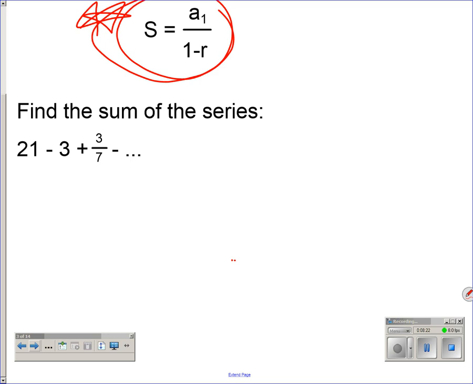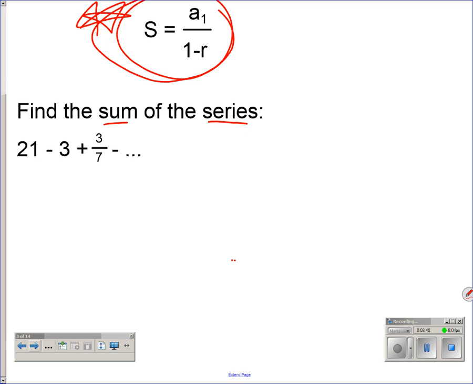All right, so let's find the sum of the series. This is how I'm going to do it exactly on your test. I'm just going to give you a list of numbers, and I'm not telling you it's infinite. This "..." right here means that it's infinite. If you've got "...", that just means it's going on forever. If it's going on forever, then there's only one way you can find that sum, and it's if your rate is between -1 and 1. If it's not, what are you going to say?